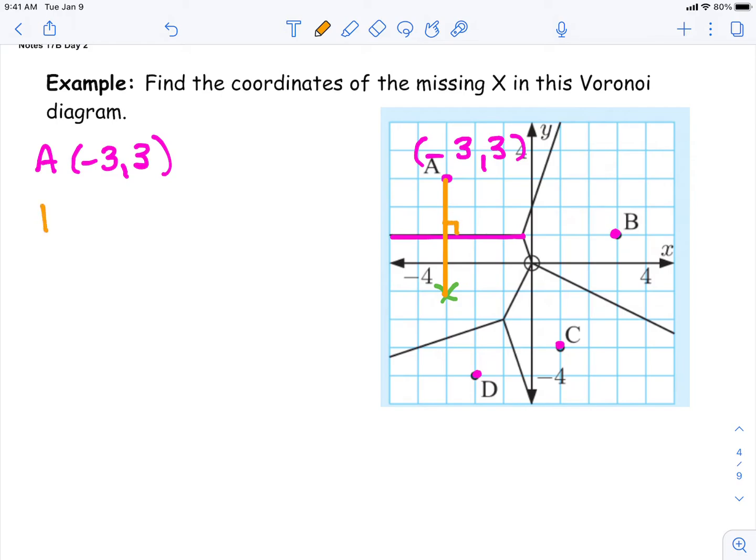So that perpendicular bisector of that edge, that pink edge, is going to be a vertical line.